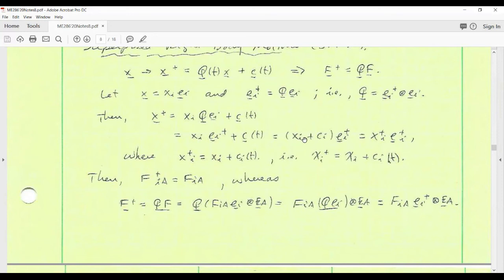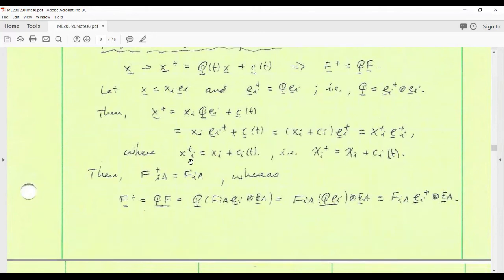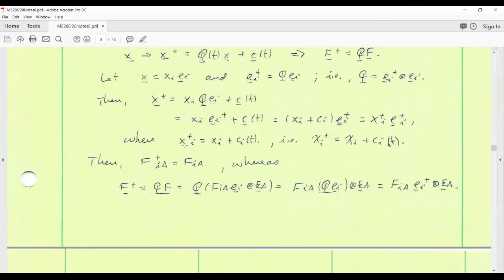So you can write x plus as x_i plus c_i e_i plus, which gives us a basis decomposition of x plus. Components x plus i are just given by these parentheses, right? So the Cartesian components are not rotated, but they're shifted by c.